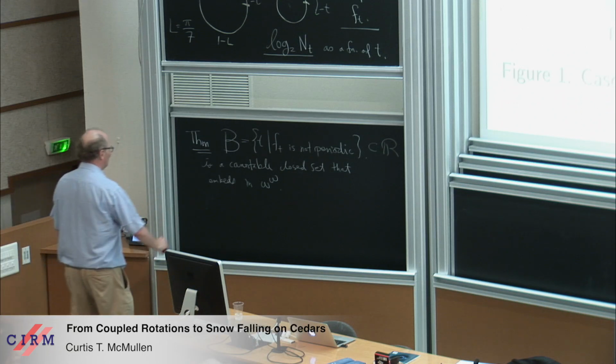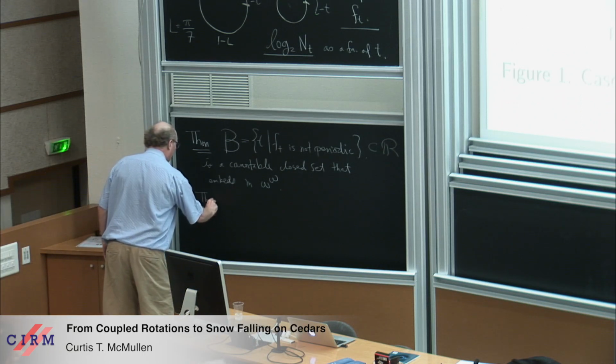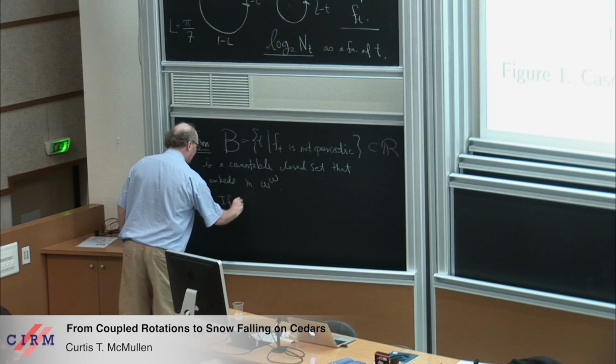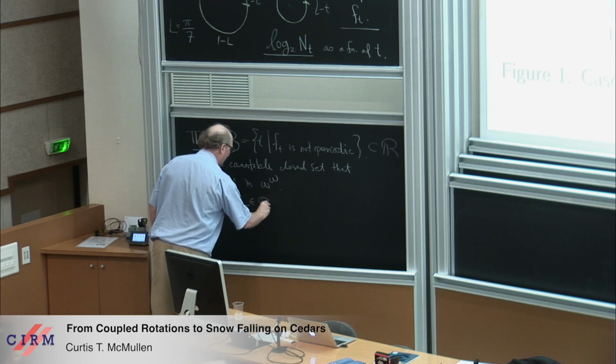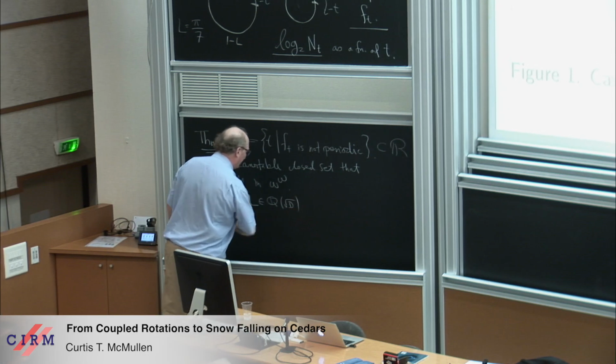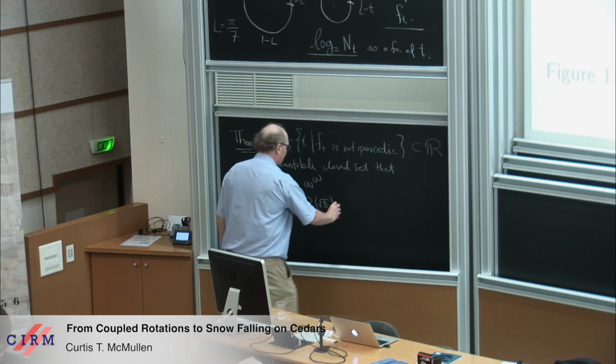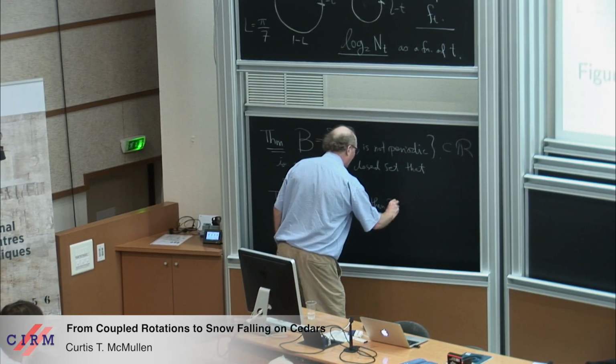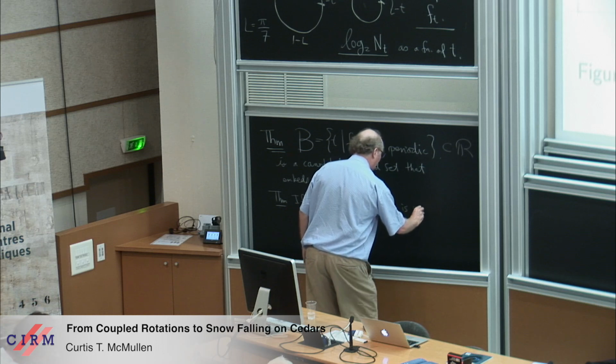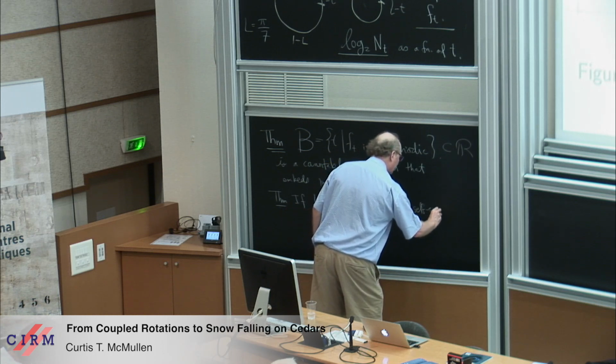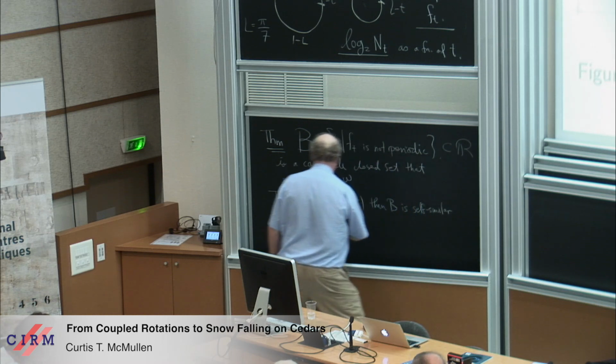So it's similar in structure to the set of hyperbolic volumes, if you know what that looks like. And the second theorem is that if L is a quadratic number, that is, it's in some quadratic extension of Q, then B is self-similar about every point.